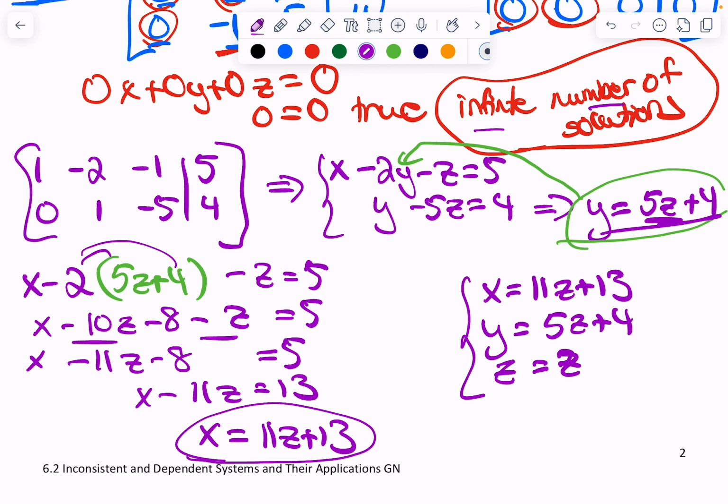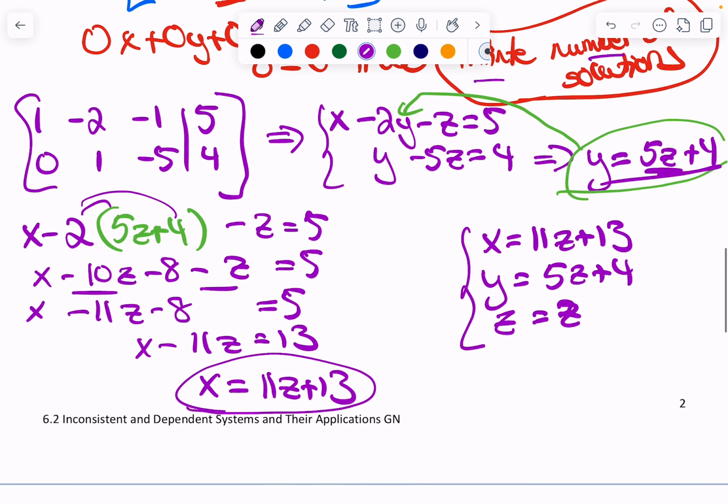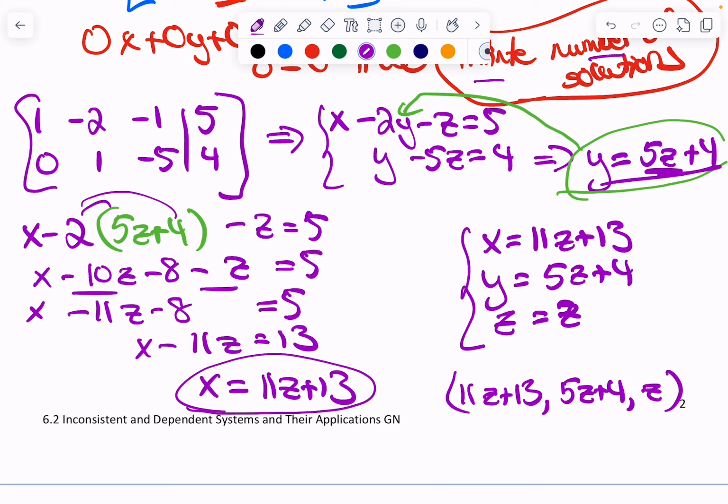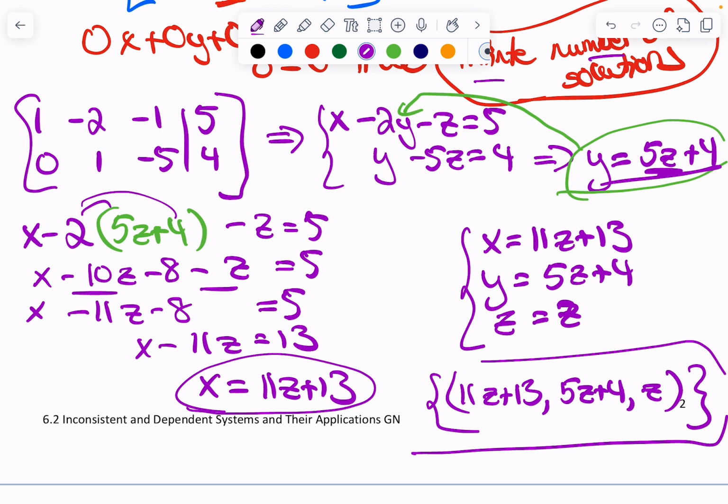So this is our solution set for an infinite number of solutions. We can write it with one variable here, like this, and that's an ordered triple, and it's a set, so we write it inside the braces.